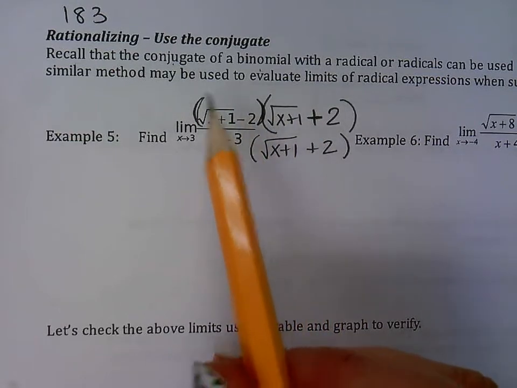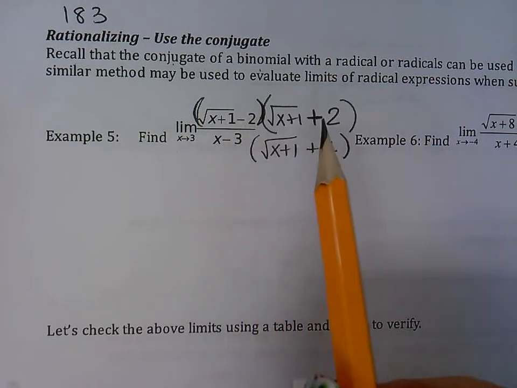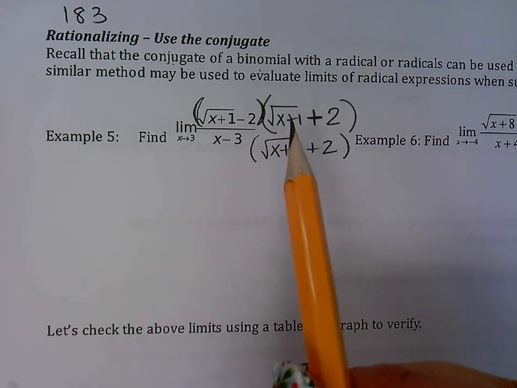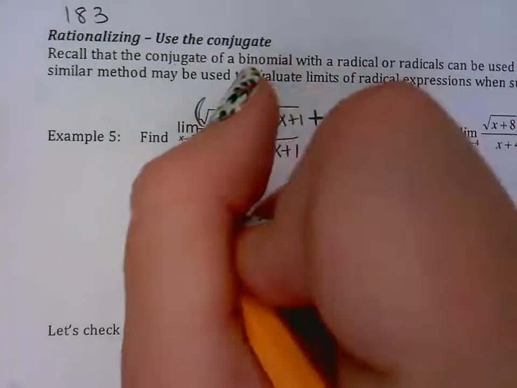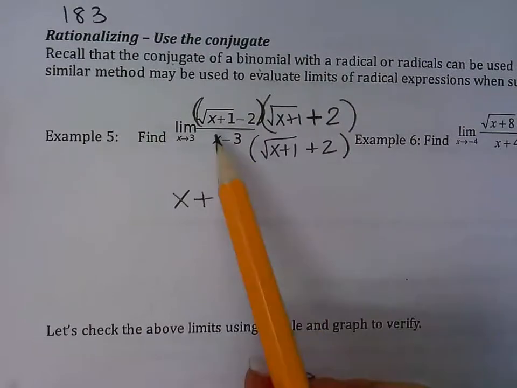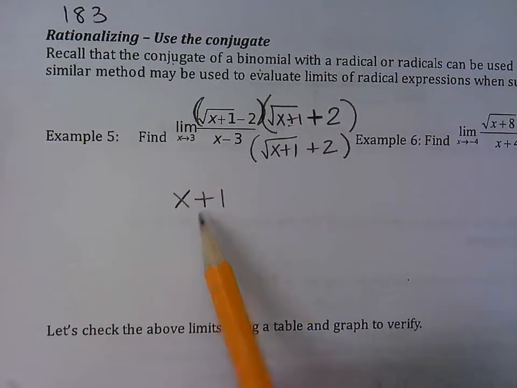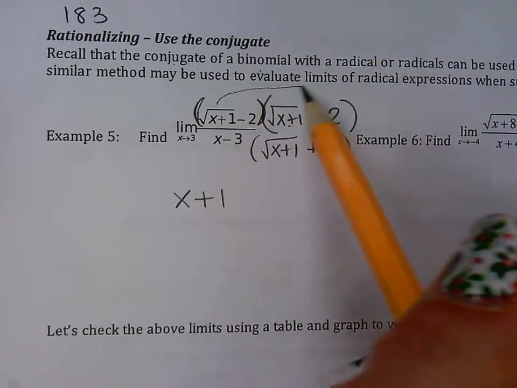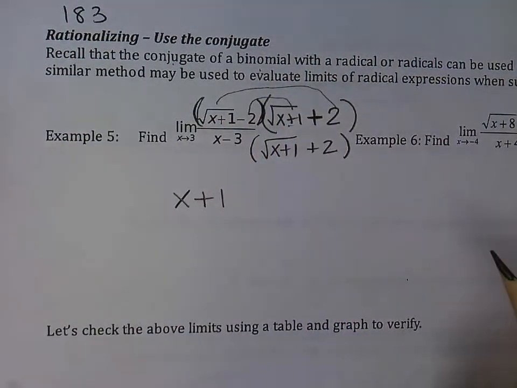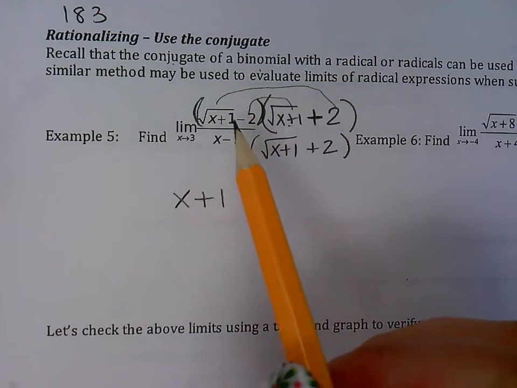So a square root of something times a square root of something, if they're the same, just gives you the something. So the square root of x plus 1 times the square root of x plus 1 just gives you x plus 1. Your outer plus your inner are opposites, right? So they add up to 0. That's the whole point of using a conjugate, like difference of squares. So the other term is last.